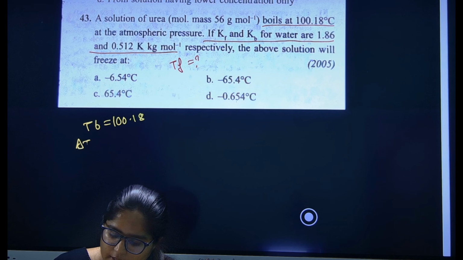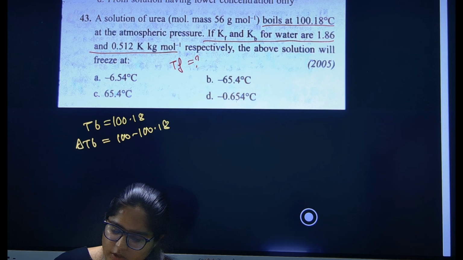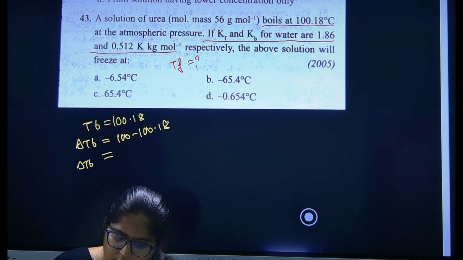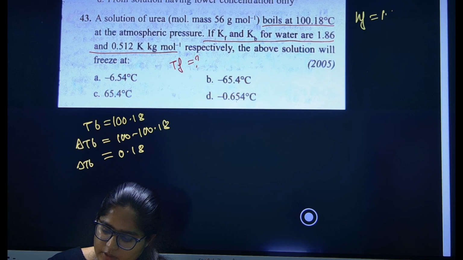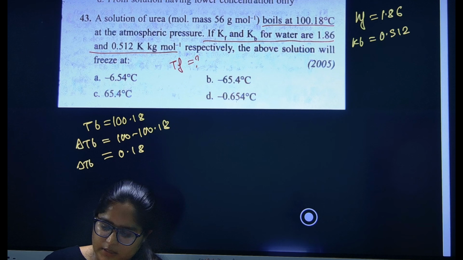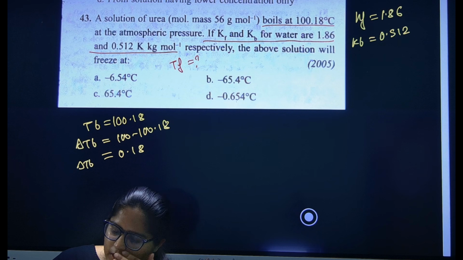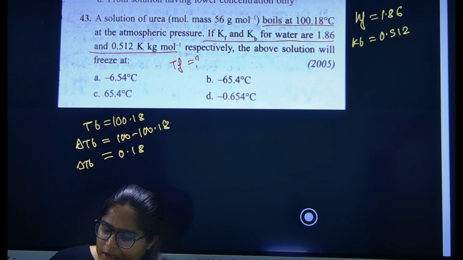From here delta Tb is 100.18 minus 100, because water boils at 100, so delta Tb we have got 0.18 without any doubt. Now Kf and Kb are given: Kf is 1.86 and Kb is 0.512. They are asking for Tf.